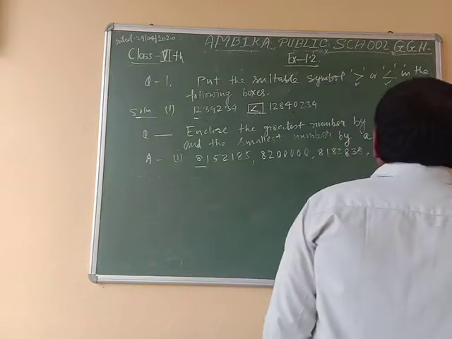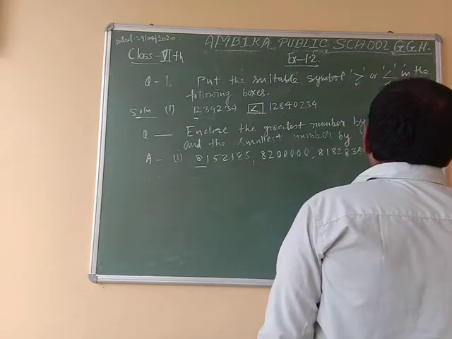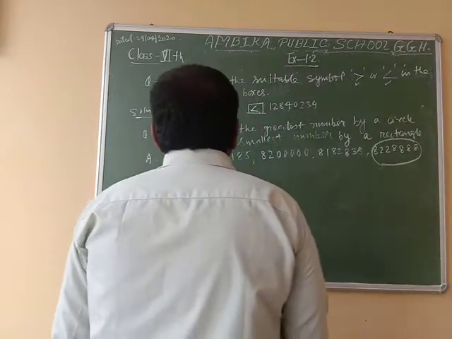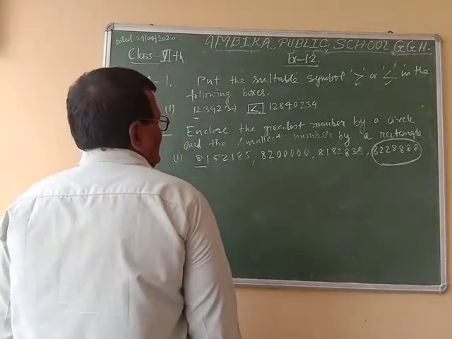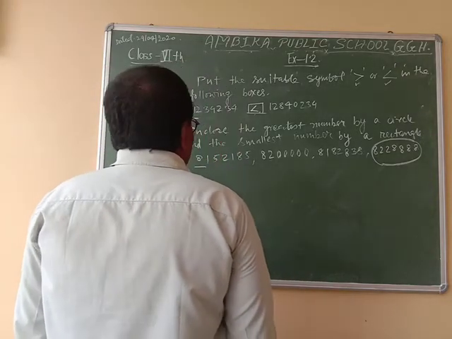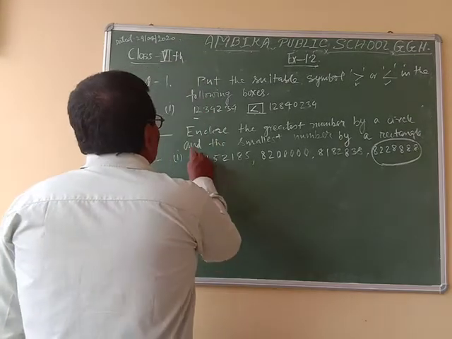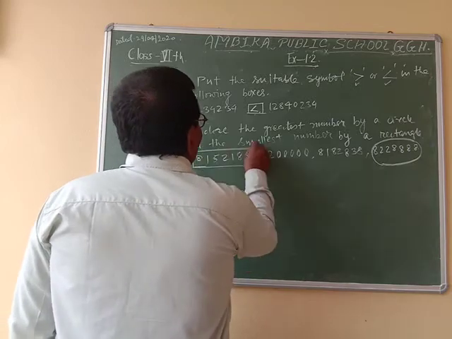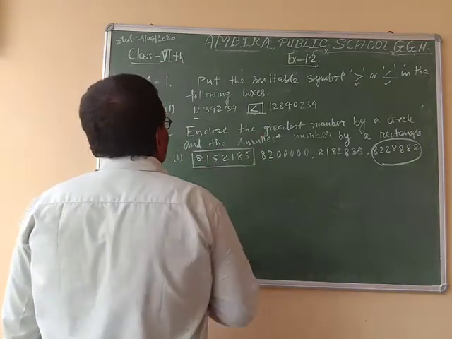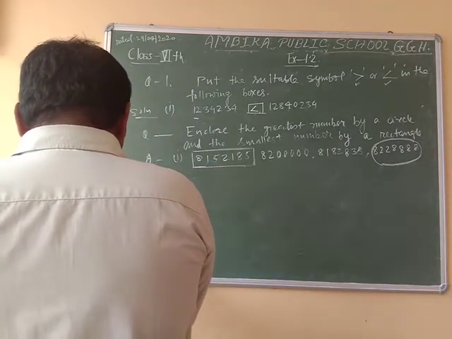So we circle the greatest number, and we mark the smallest number by a rectangle. The greatest number by a circle, and the smallest by a rectangle.